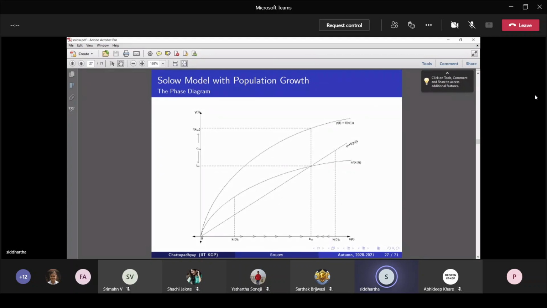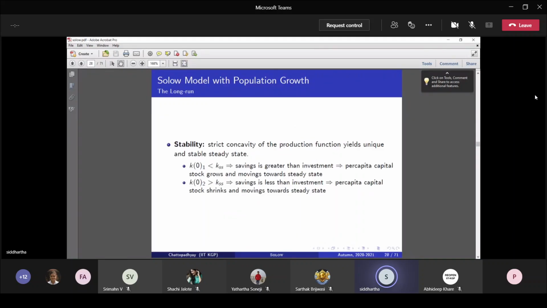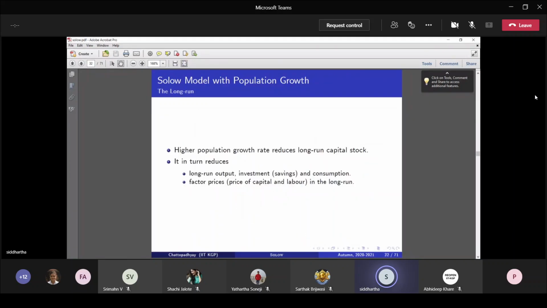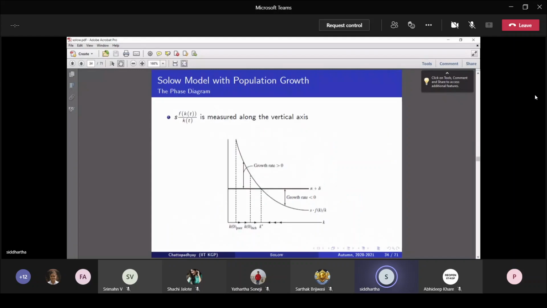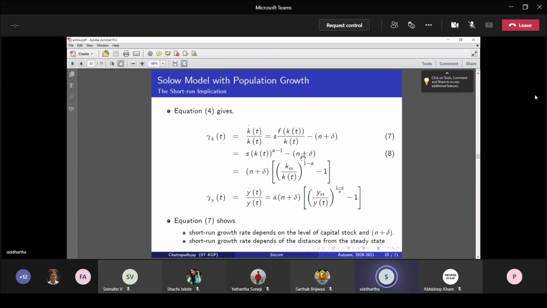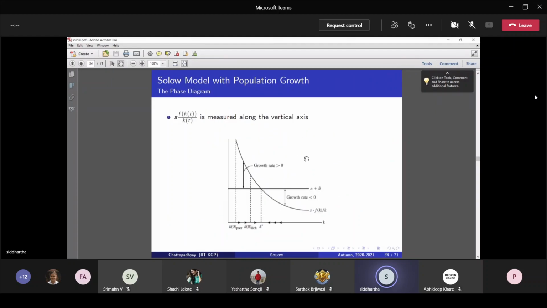If you want to analyze the growth rate in the short run graphically, it is better to represent my fundamental equation in this fashion. In this case, the left hand side gives you the rate of growth of the per capita capital stock, and this is the graphical representation of that.